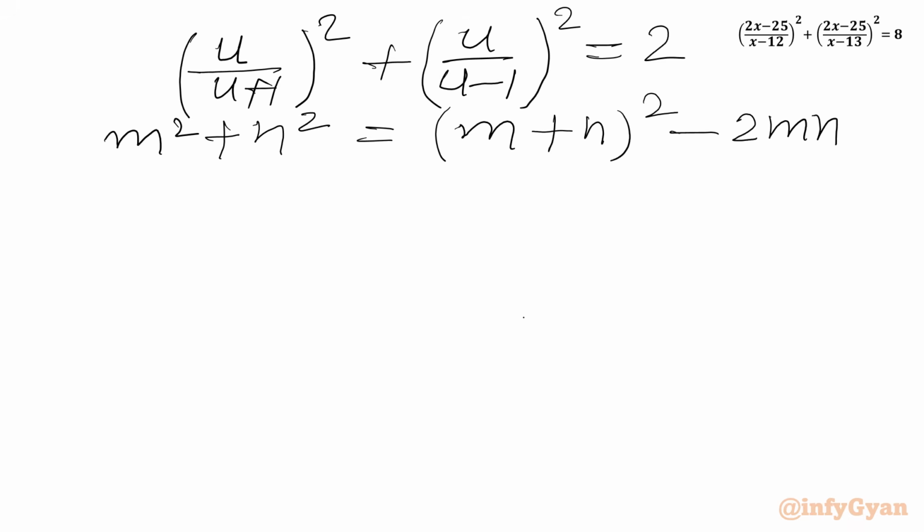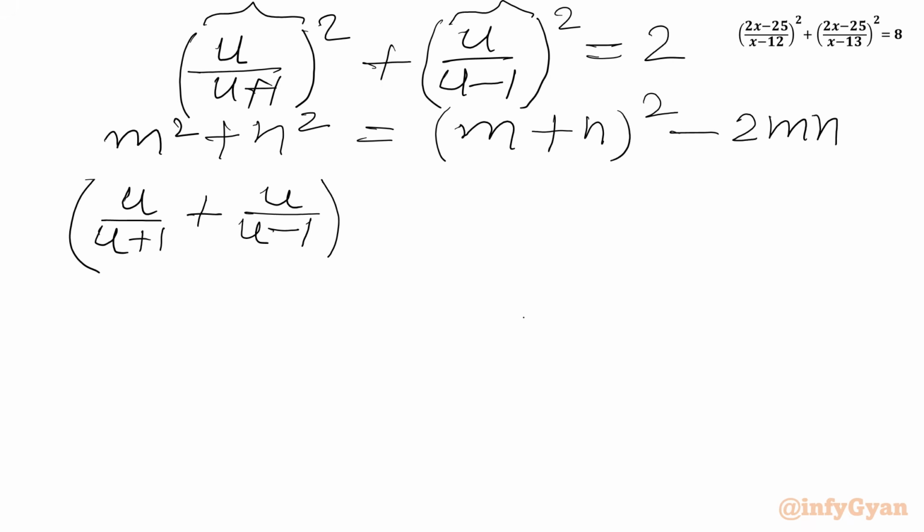M square plus n square plus 2mn minus 2mn, so it will remain the same m square plus n square. Now let us say this is our m, u over u minus 1 is n. So we will add here u over u plus 1 plus u over u minus 1. Then we'll put whole square. This is m plus n whole square minus 2 times mn, which is u over u plus 1 times u over u minus 1 equal to 2.